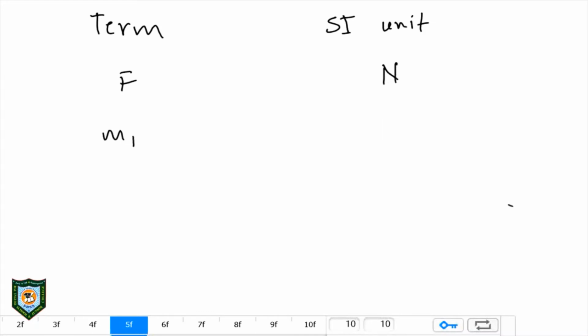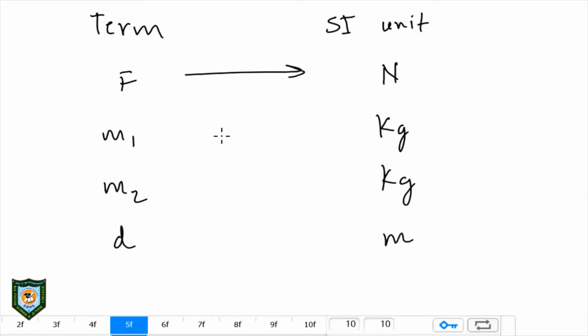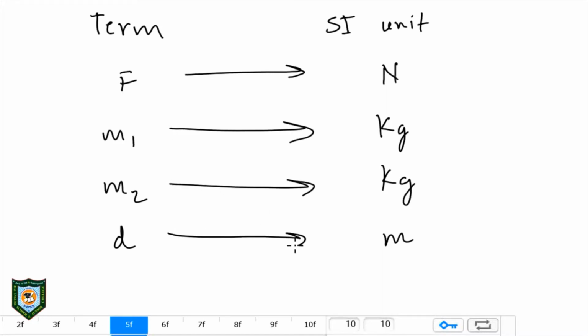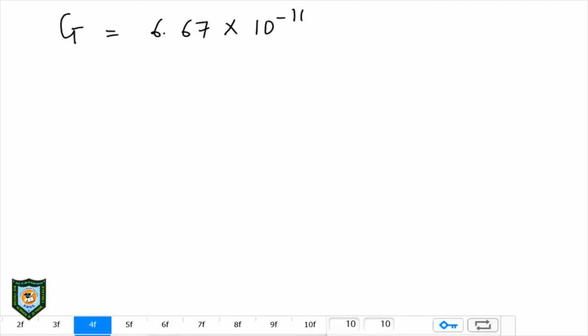The SI unit for mass is kg. There's another mass involved, so that is again kg. And there is distance involved, so the SI unit for distance is meter. All these SI units are going to come into play. So now we have to find the SI unit for capital G.